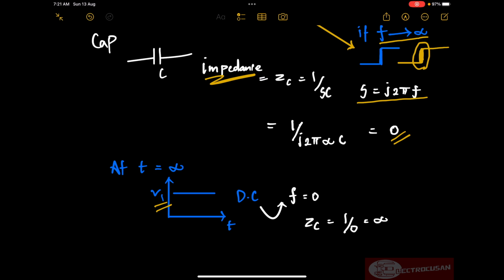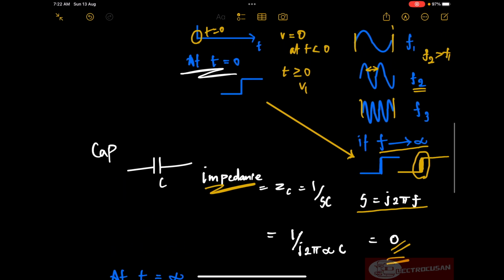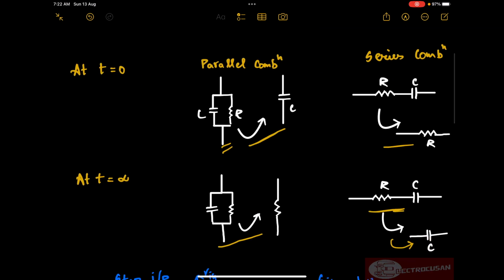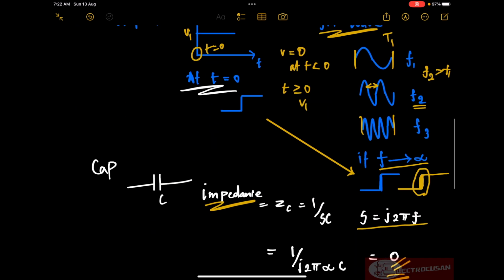A DC signal has a frequency component of 0 hertz. So if you substitute the value of frequency in the impedance formula, you get the impedance of the capacitance to be infinite. If you substitute these two values in those equations or the circuit, you will get the equivalent circuits here. So at t equal to 0, the impedance of capacitance becomes 0, right?